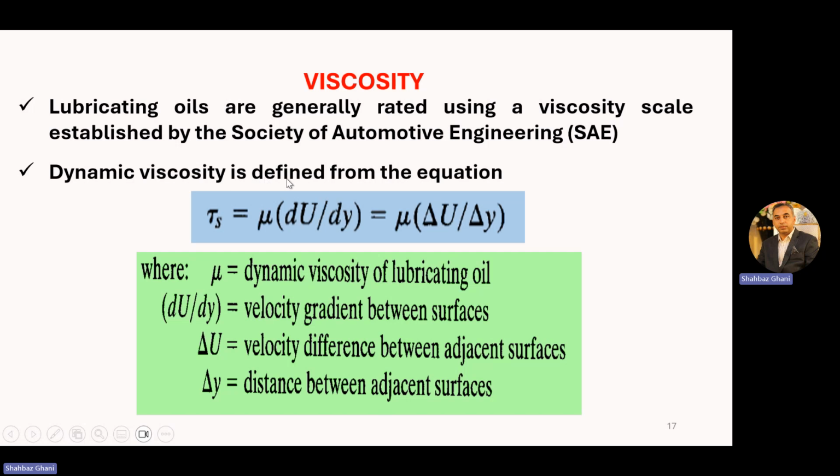Dynamic viscosity is defined from the equation tau equals mu du/dy, equals mu delta u divided by delta y, where mu is the dynamic viscosity of the lubricating oil, du/dy is the velocity gradient between the surfaces, delta u is the velocity difference between adjacent surfaces, and delta y is the distance between the adjacent surfaces. So this is the dynamic viscosity, in terms of shearing.